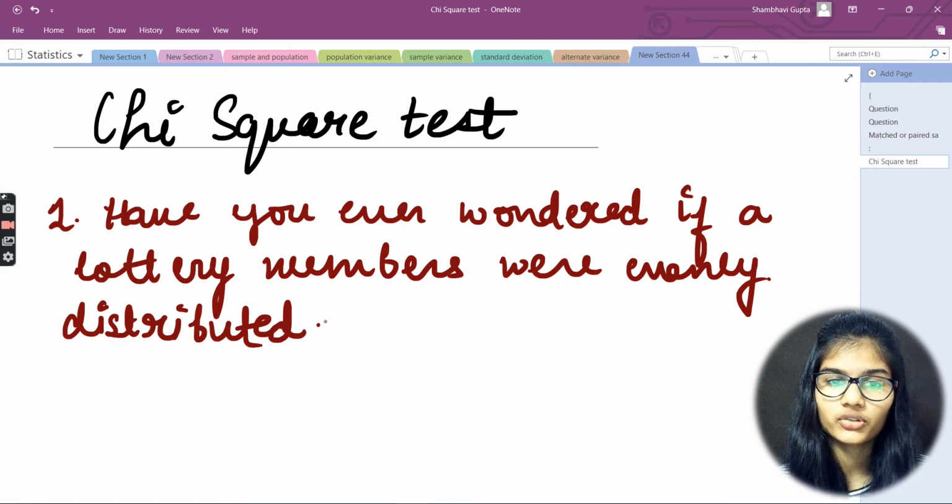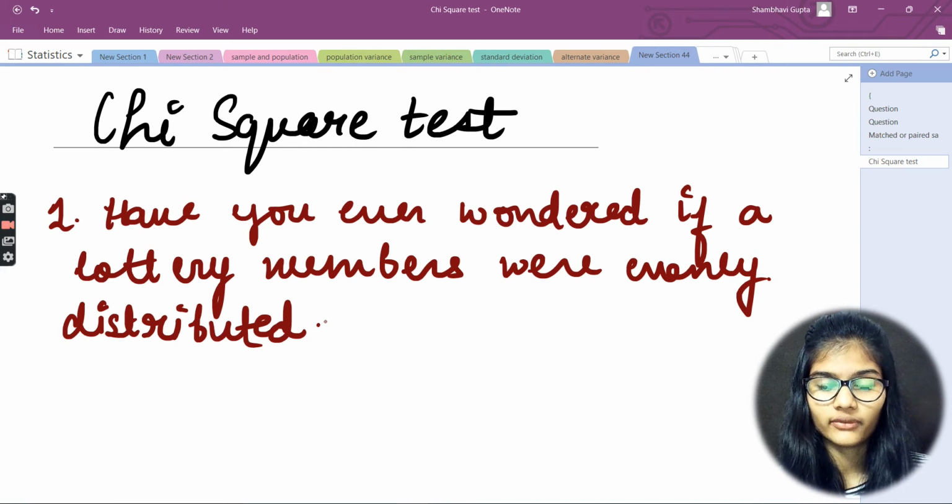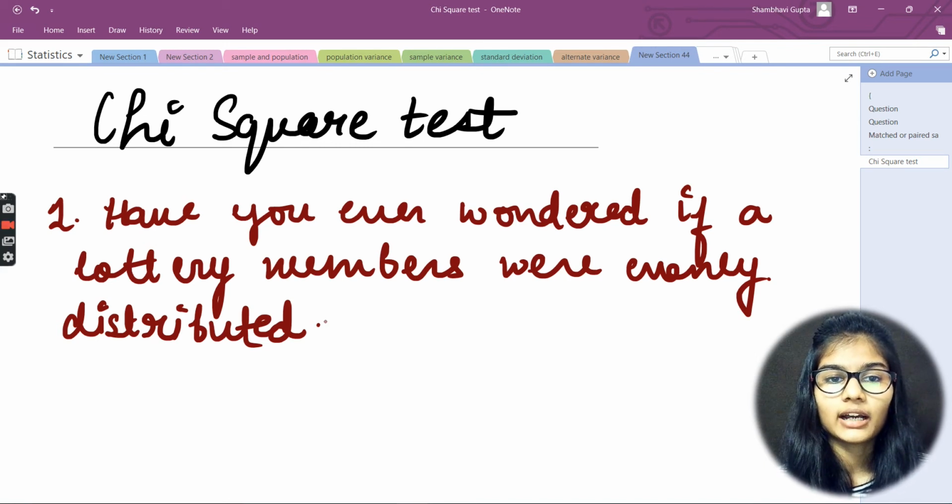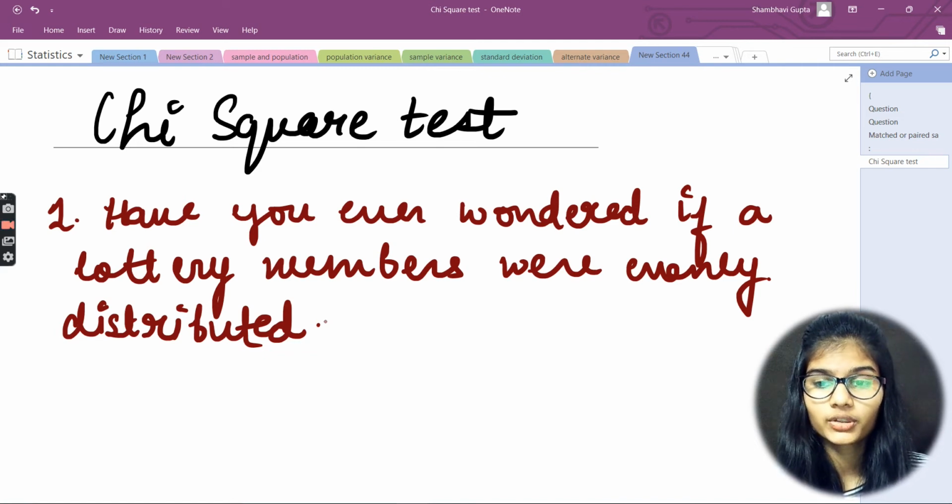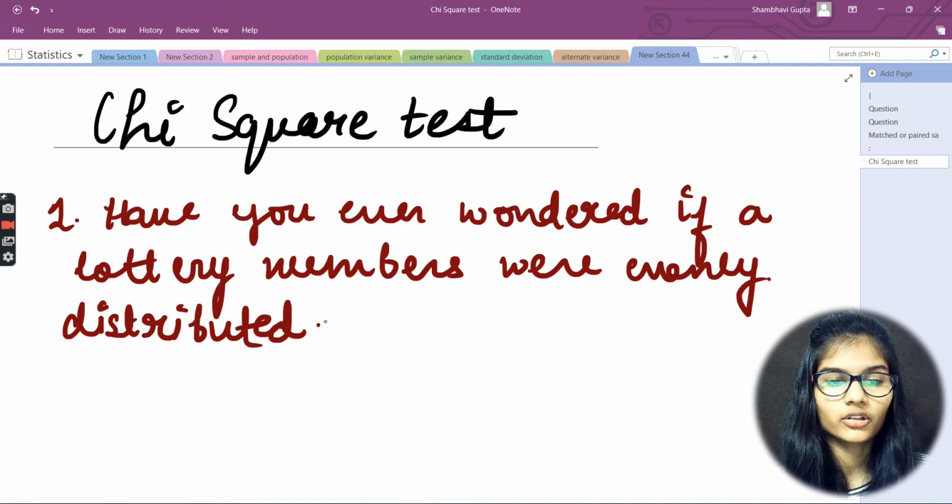That is, what if a coffee machine pours out a similar amount of coffee every time, and what if the type of movie differs by age group? In that case, we have to study a new distribution that would be used to find the answers to the above mentioned questions, and that particular distribution is the chi-square distribution.